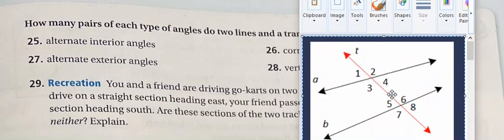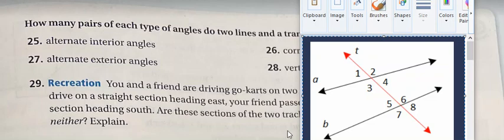So they're not parallel and they do not intersect. Basically the answer would be skew, because you would have your first lane going up and your buddy's lane coming underneath you in an underpass. So number 29 would be skew.